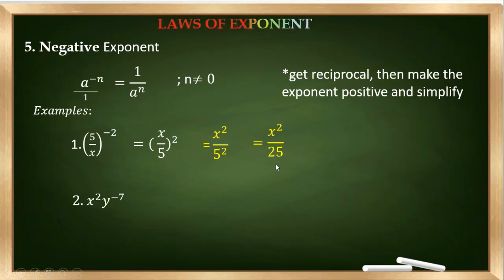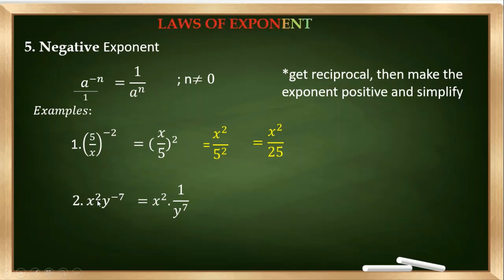Another example is we have x squared y raised to negative 7. So here, si y lamang po yung mayroong exponent na negative. So ang gagawin nyo is x squared times, dahil si y lamang yung mayroong exponent na negative, so siya lamang yung ating reciprocal, or if i-flip, okay? Ang reciprocal lamang niya, yung kukunin natin, hindi natin isasama sa x, since si x has a positive exponent.